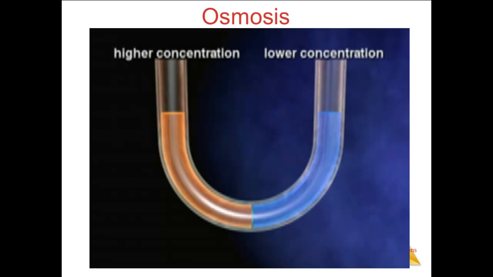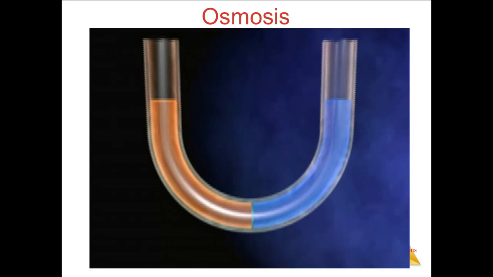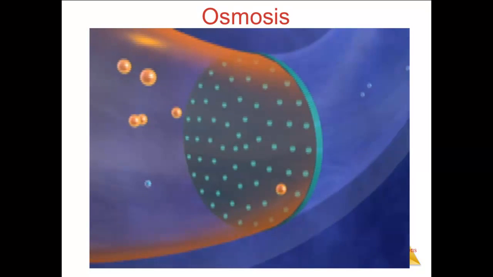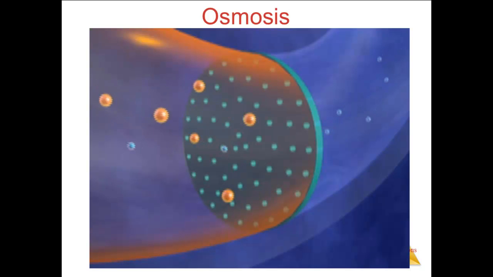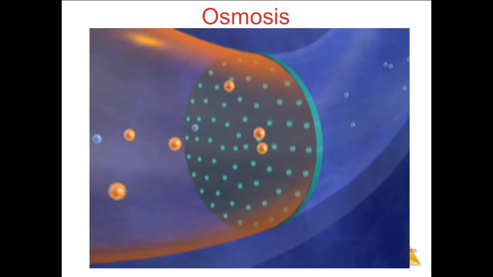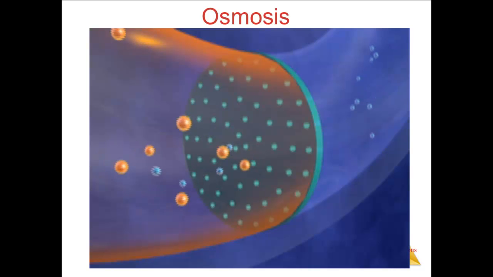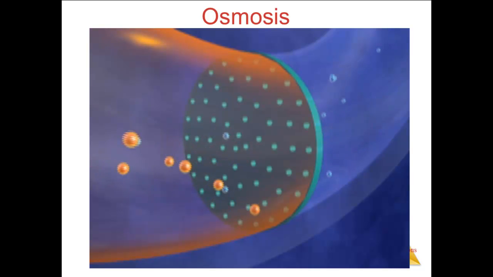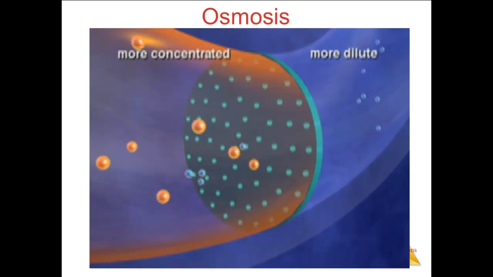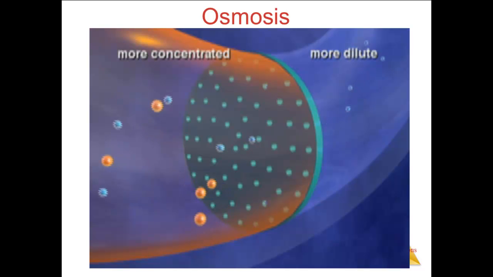When a solution of higher concentration and a solution of lower concentration are separated by a semi-permeable membrane, one through which solvent molecules can pass but through which solute particles cannot, solvent molecules will pass through the membrane from the side containing the more dilute solution to the side containing the more concentrated solution. This process is called osmosis.